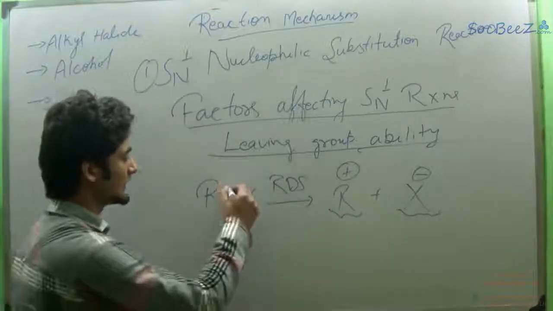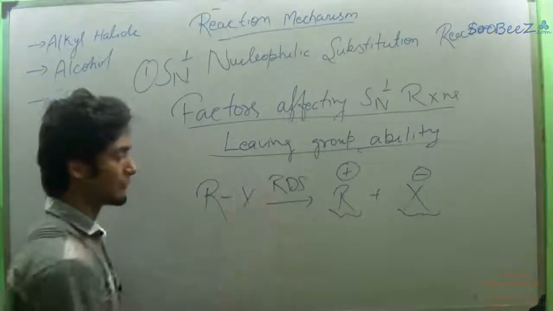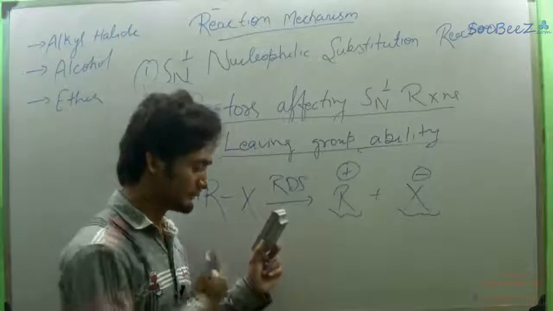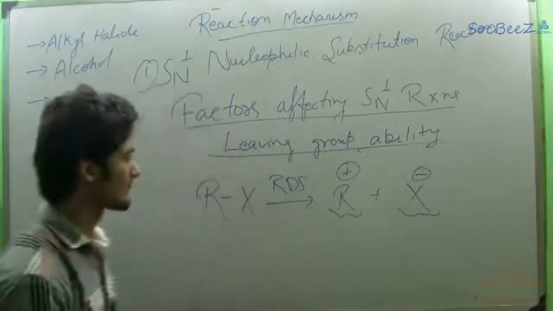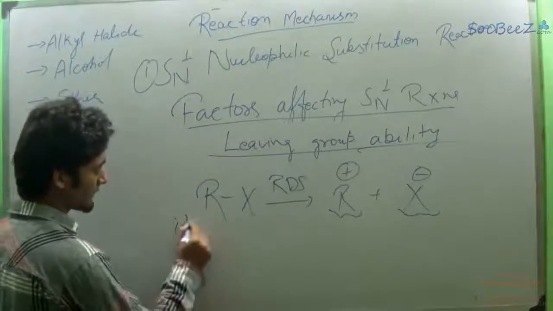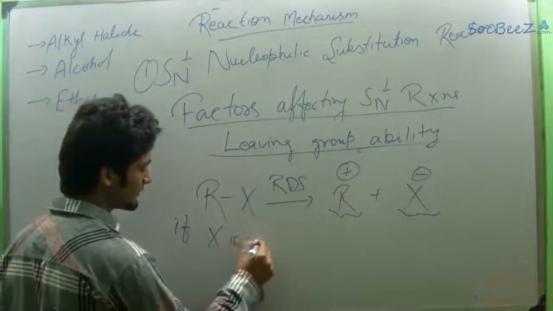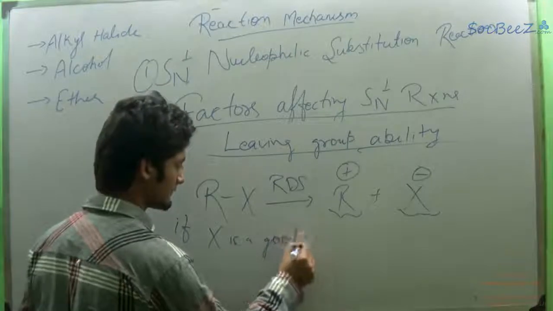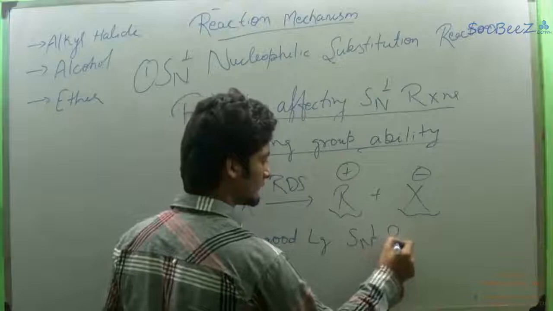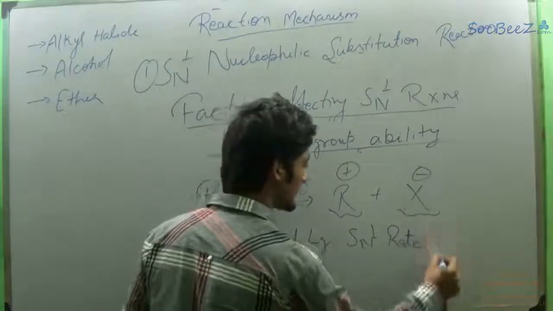That is, the better this X is as a leaving group, the better this product is formed and the faster the reaction is. So if X is a good leaving group, SN1 rate increases.